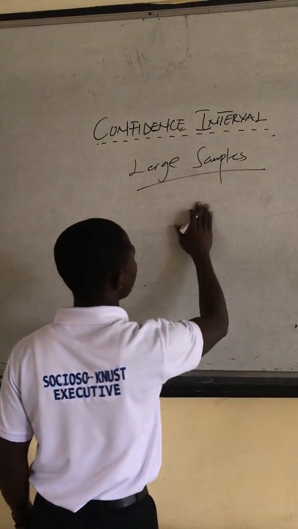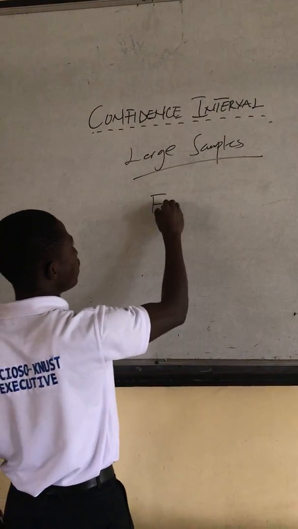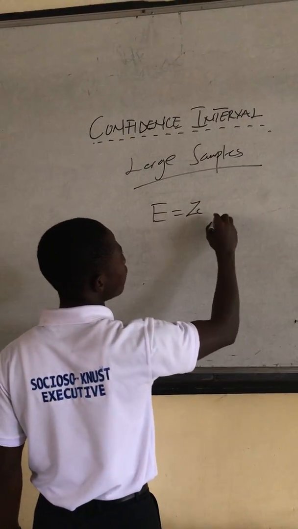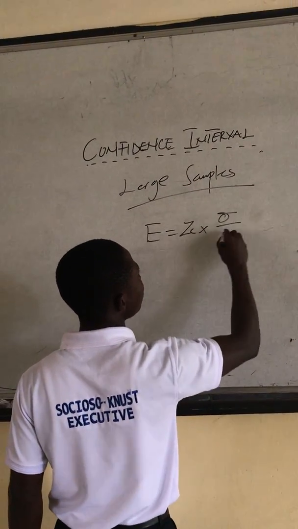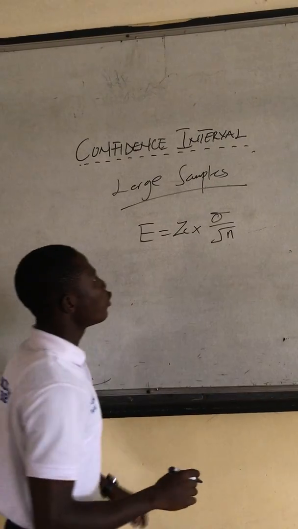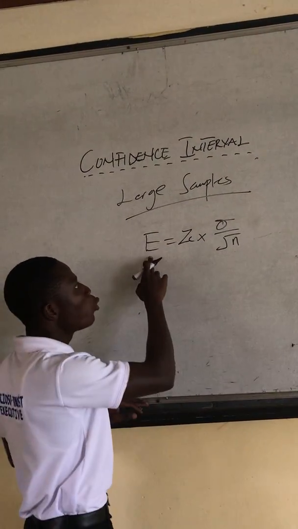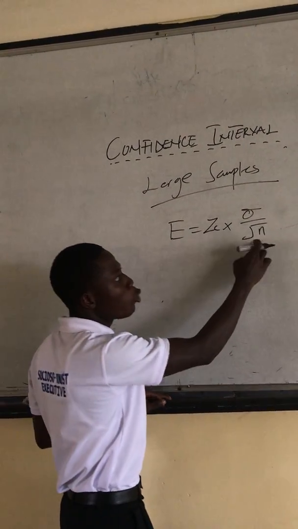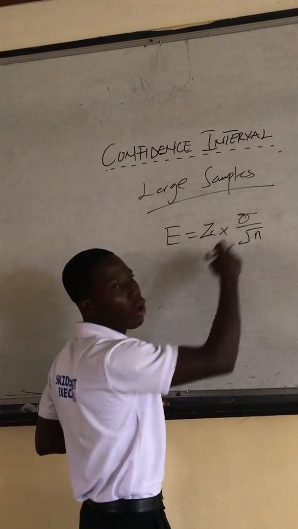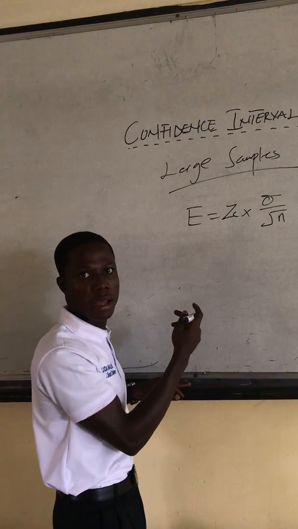For the large samples, I said the formula was E is equal to Z of confidence times standard deviation over root of n. Sometimes they will give you the margin of error, they will not give you the n. So you have to make this n the subject of the formula.